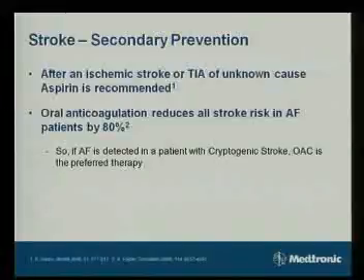And so if you cannot find the reason, what do you do? The guidelines say you have to give the patients aspirin, and that only reduces the risk of a second stroke by a limited percentage. If the patient also has atrial fibrillation, then you can give the patient oral anticoagulation, and that reduces his stroke risk by something like 80%.